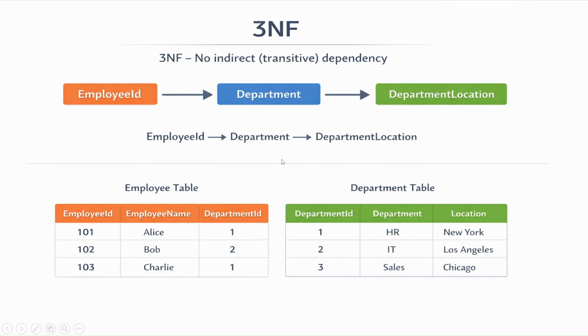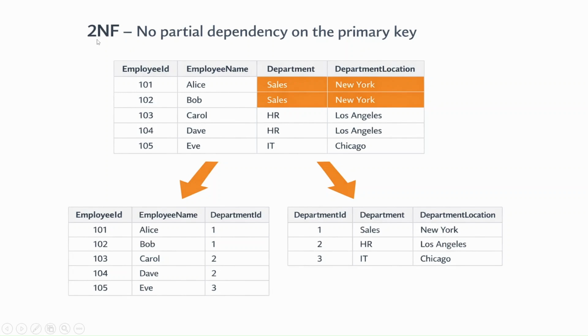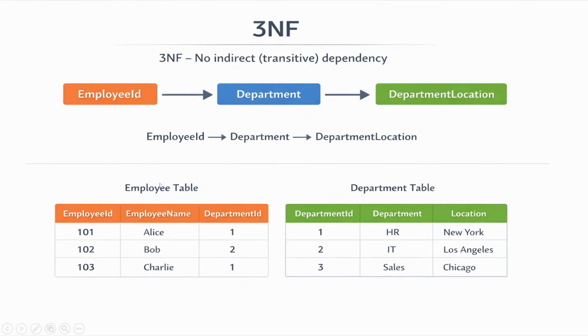To avoid this, we can use a similar solution to the one we used in the second normal form. Here as well, we are going to create two separate tables, an employee table and a department table, and connect these two tables with the department ID.